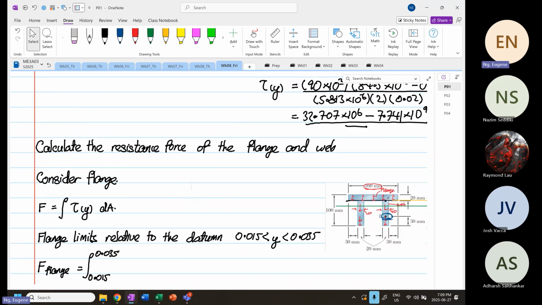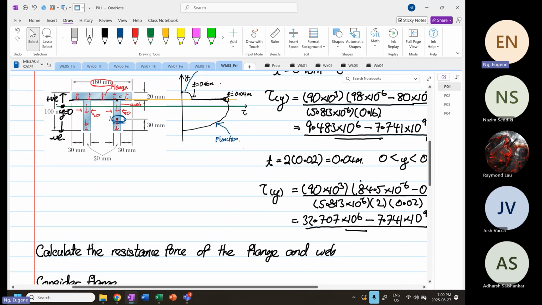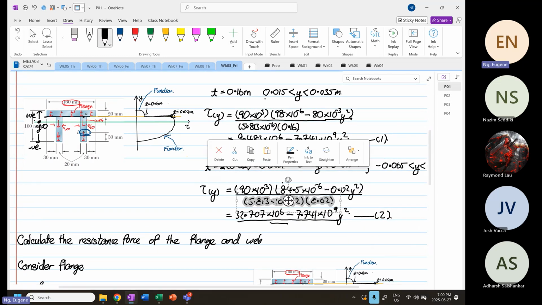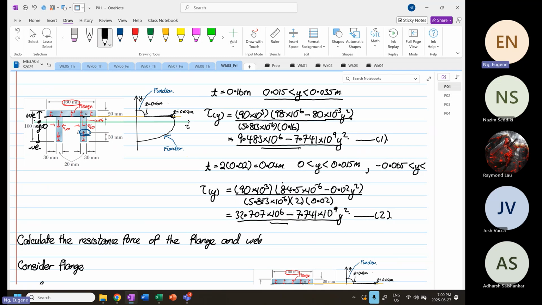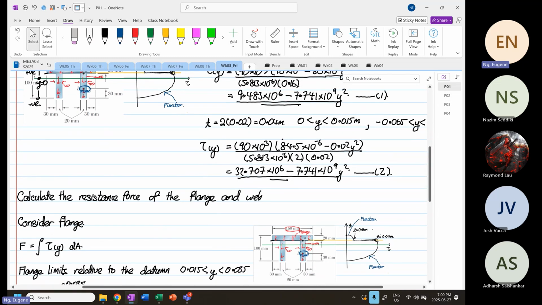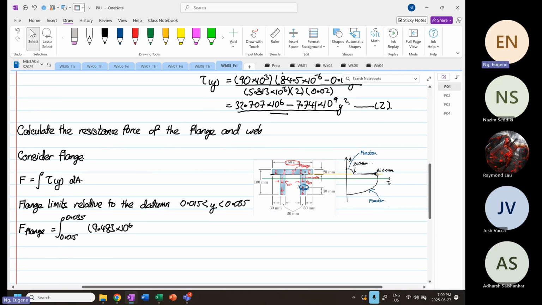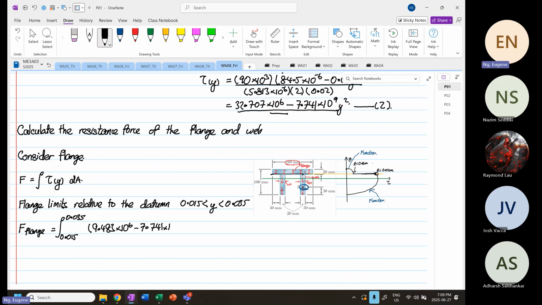The shear stress, we have to use equation number 1, because equation number 1 is operating at those limits. So you get 9.483 times 10 to the power 6, and then we have minus 7.741 times 10 to the power 9 y squared, right?